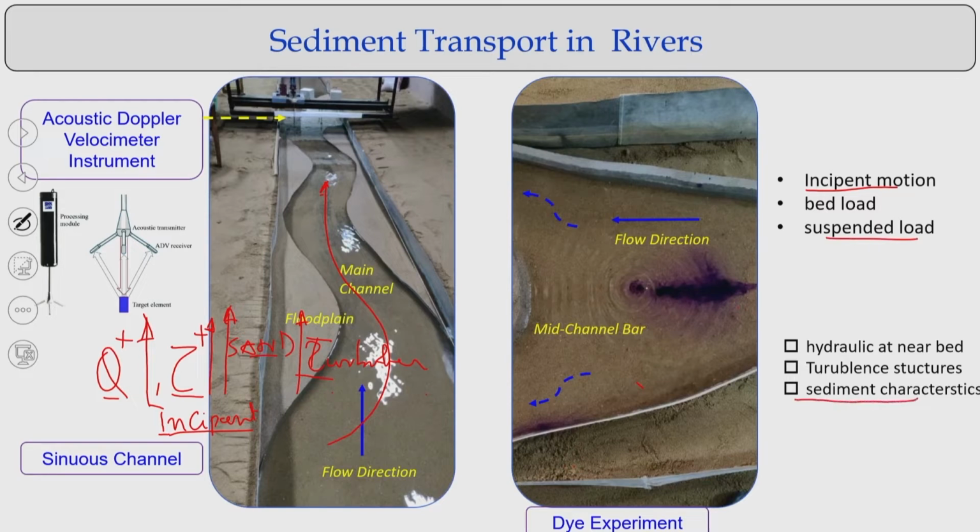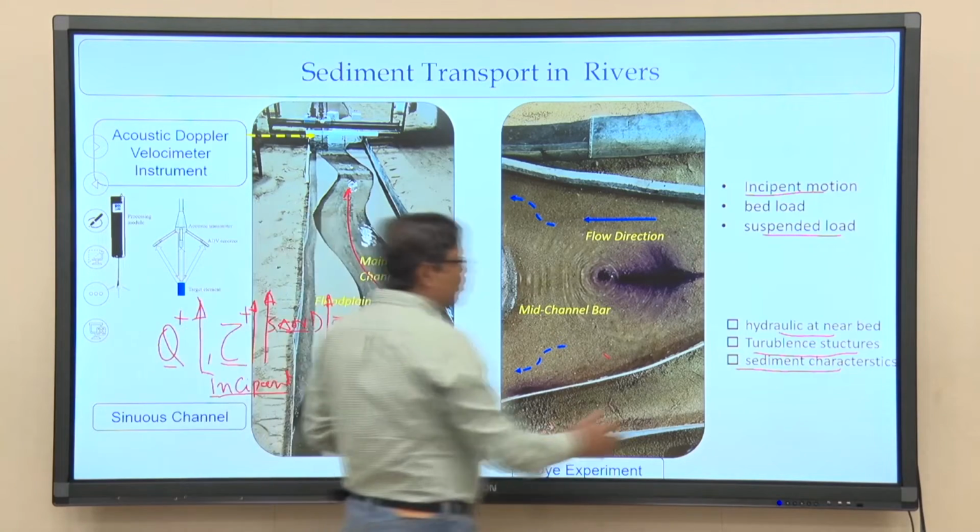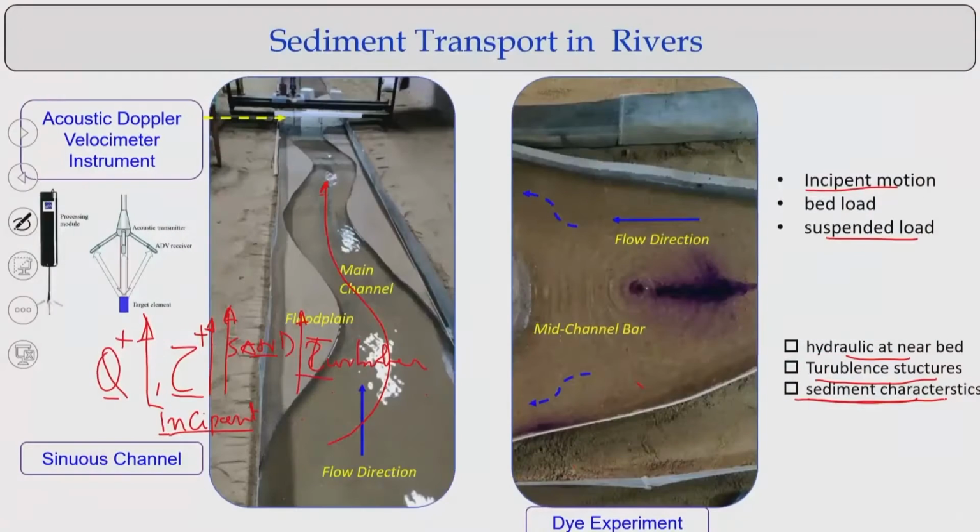It depends on three considerations: the flow properties and hydraulics near the bed, the turbulent structures, which we are not going into in detail here, and the sediment characteristics, like D50 and the weight of the sediment particles. All of these determine how bed load and suspended load develop as the discharge and bed shear stress increase.